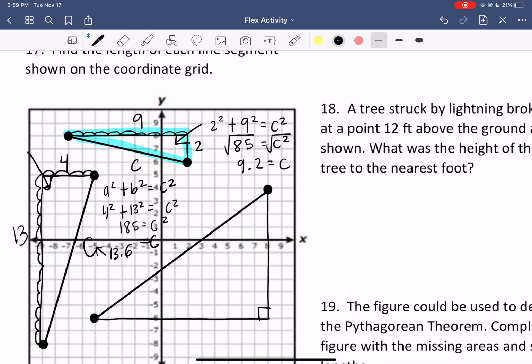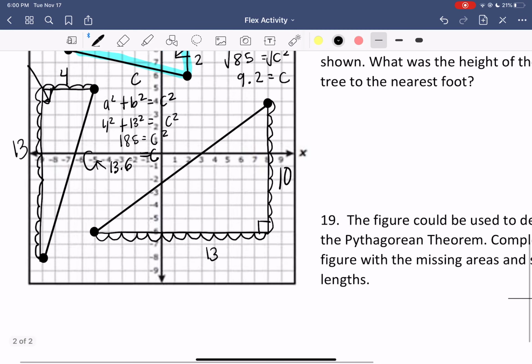And the last one over here, we have 1, 2, 3, 4, 5, 6, 7, 8, 9, 10 here. And 1, 2, 3, 4, 5, 6, 7, 8, 9, 10, 11, 12, 13 here. And again, we can see that this is pointing to c, so we're looking for the hypotenuse. So a squared plus b squared equals c squared.